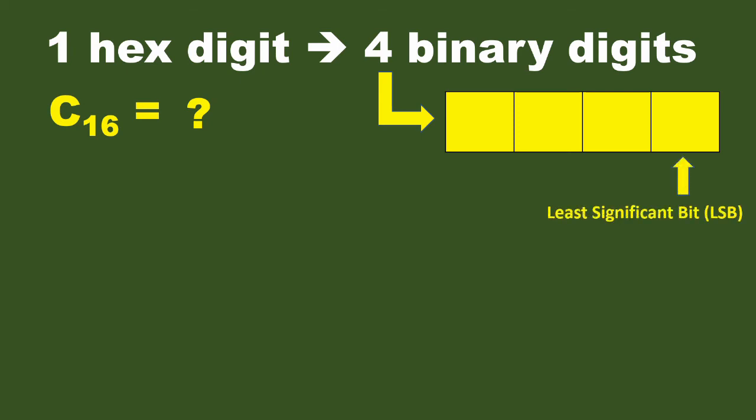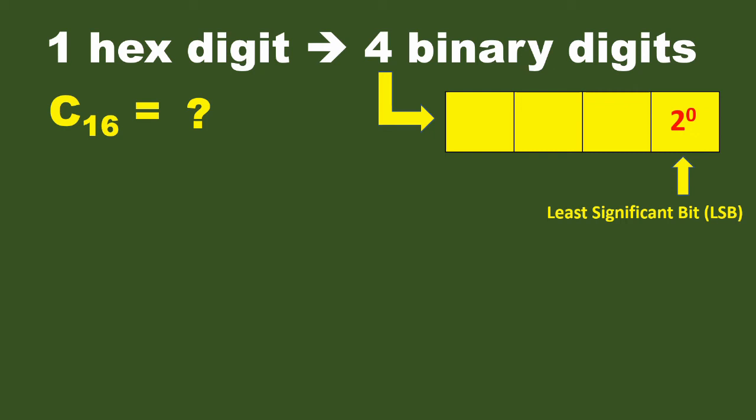The rightmost digit or bit, we call it least significant bit or LSB. So in any number system, the rightmost digit is labeled as LSB, or the least significant digit or bit. In this case, bit because it's a binary digit.